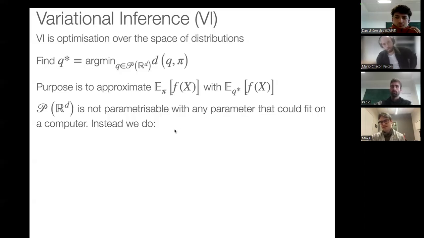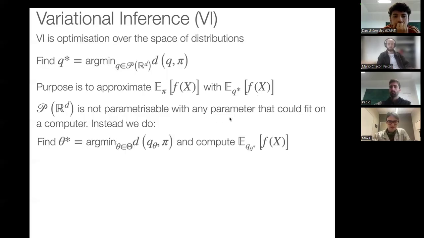Okay, but immediately there's a huge problem, and that's that the space of probability distributions isn't even close to being parameterizable with any kind of parameter that could fit on any computer that we might want to use.